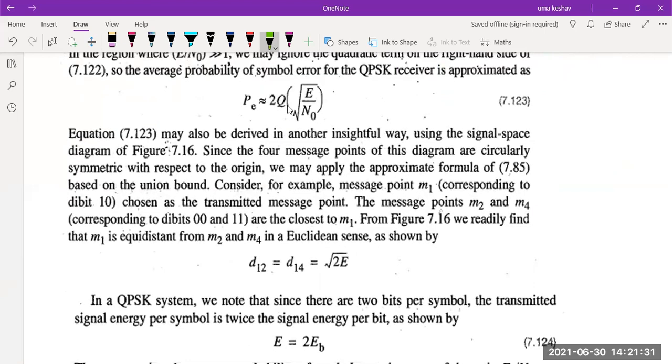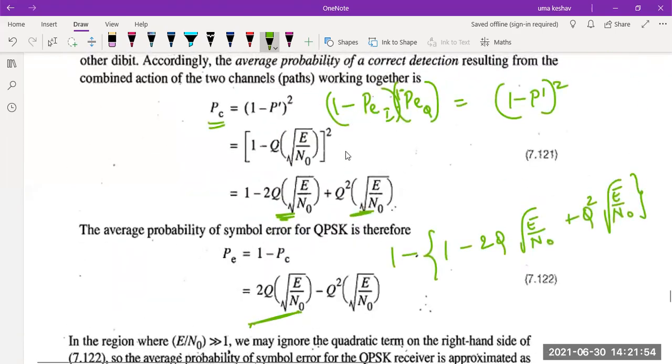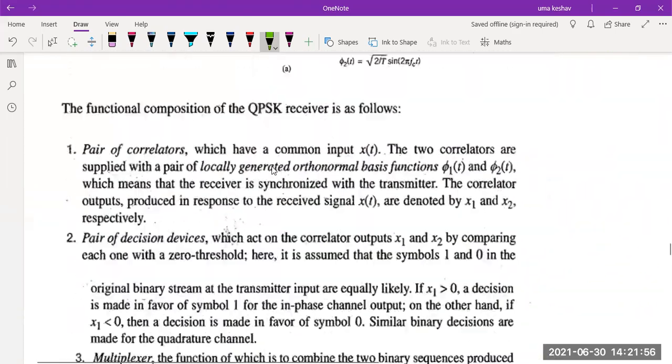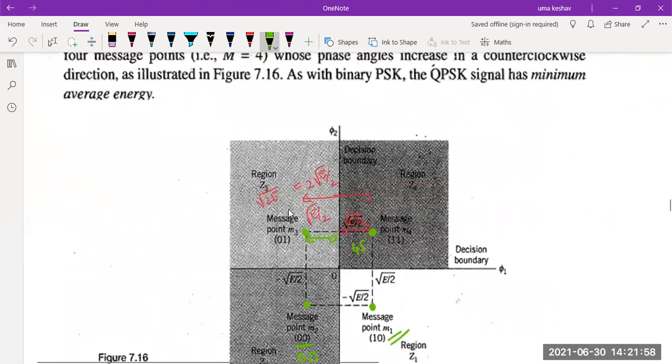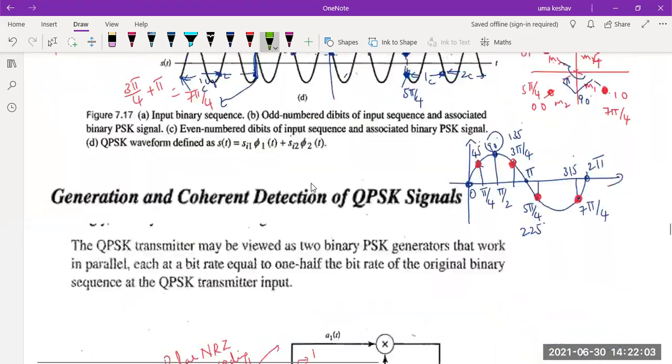The simple reason, as I told you, is that we have 4 signal points in the same constellation, or the same constant magnitude circle, where we used to have only 2 signal points. So the probability of error has doubled, as you can see. And the Euclidean distance, I already told you, the distance between 2 signal points is root 2E. We already found that here.